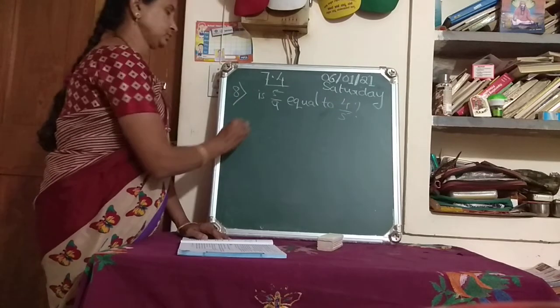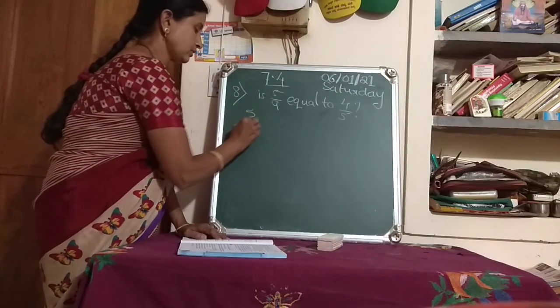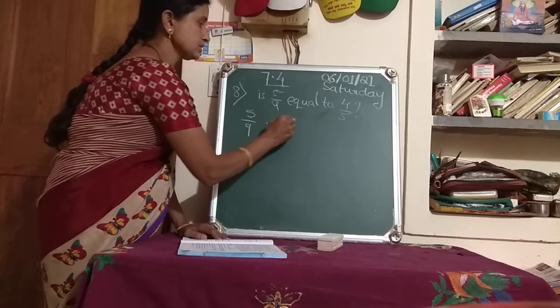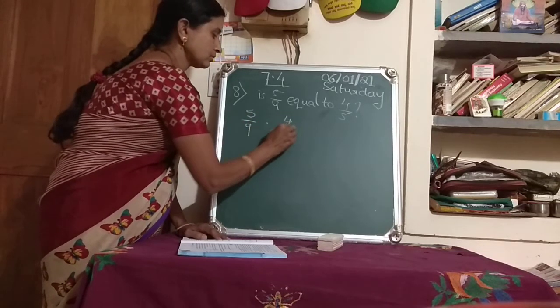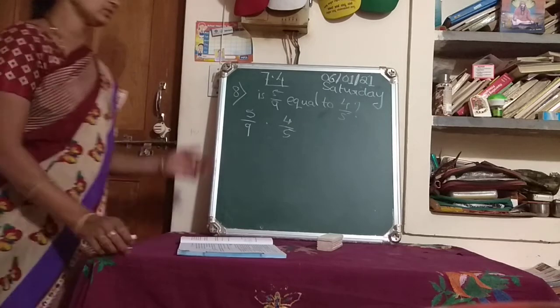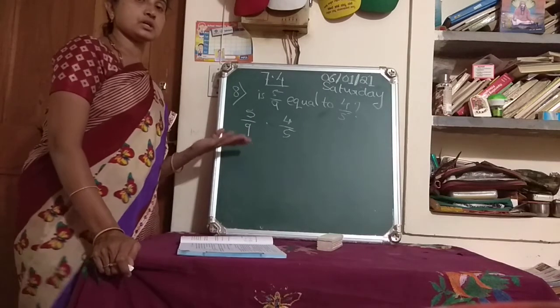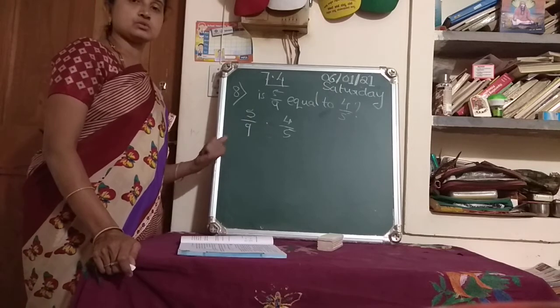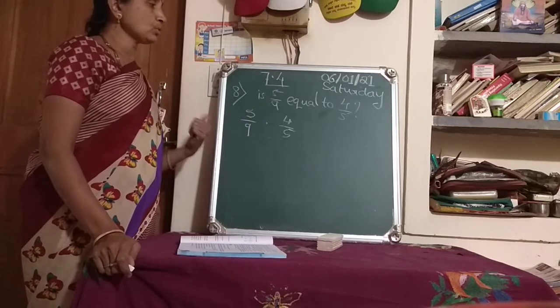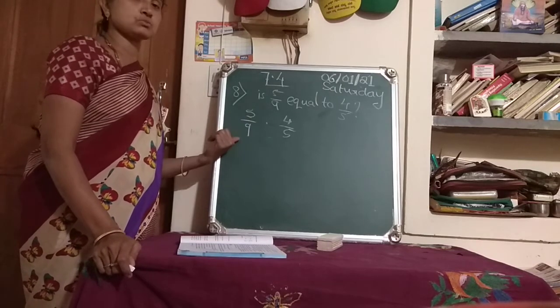So what to do first? We write the given fractions, 5 upon 9 and 4 upon 5. Here we are not yet saying which is correct, which is bigger and which is smaller.